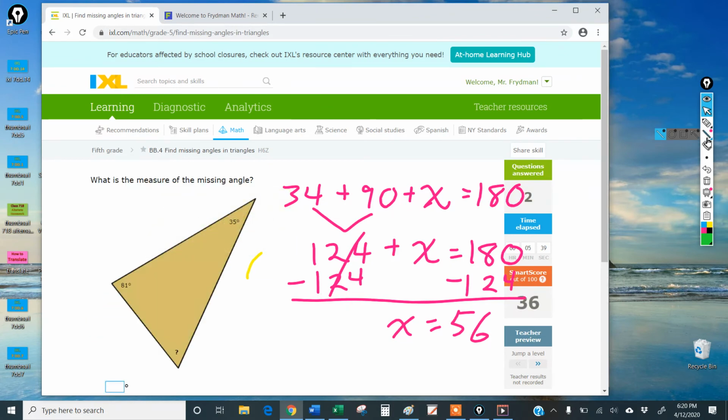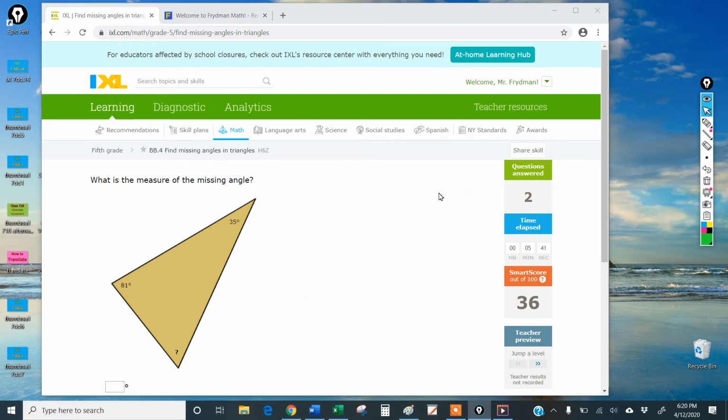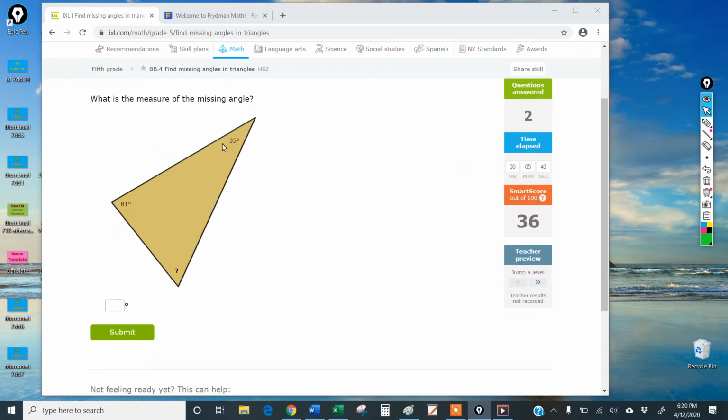So it's always, okay, this one would be the same thing. 81 plus 35 plus what equals 180. So really, all you have to do, a quick way to do it, you could just do 81 plus 35.